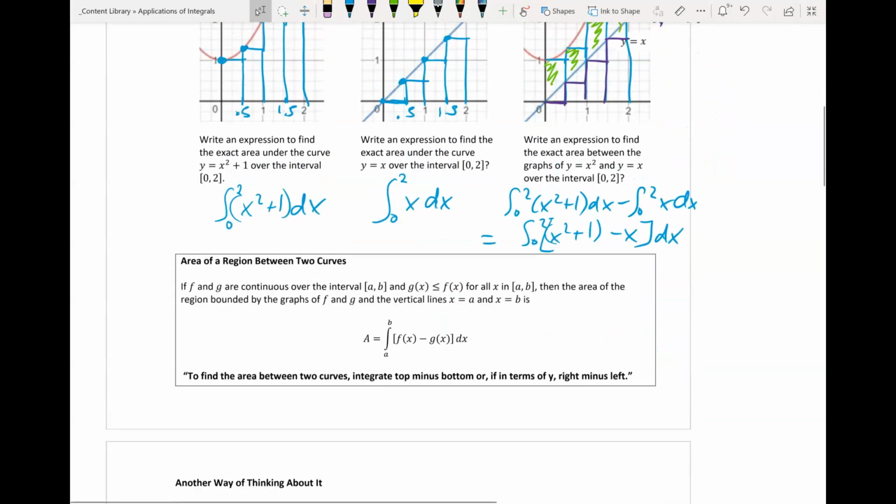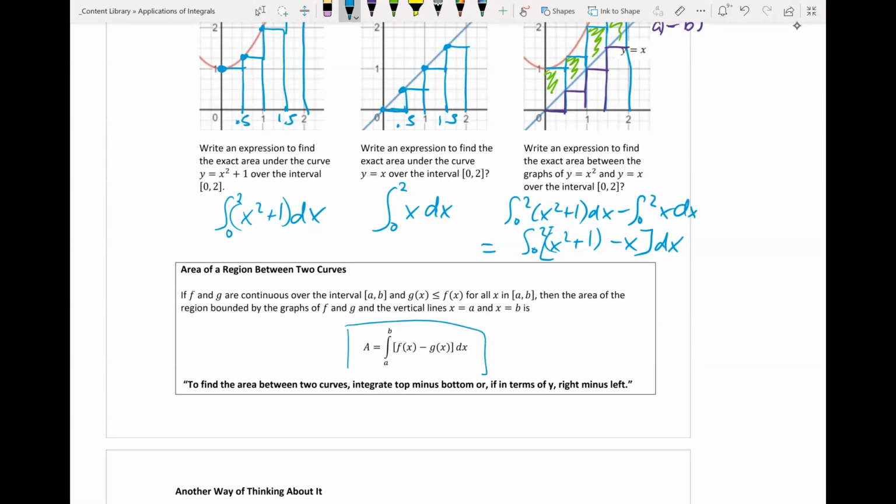In other words, this is the formula we're going to use. The area between two curves is going to be the integral from a to b of f of x minus g of x dx, where g of x is smaller than f of x. So usually it'll be integrate the top minus the bottom. From a to b, the top function minus the bottom function, dx.